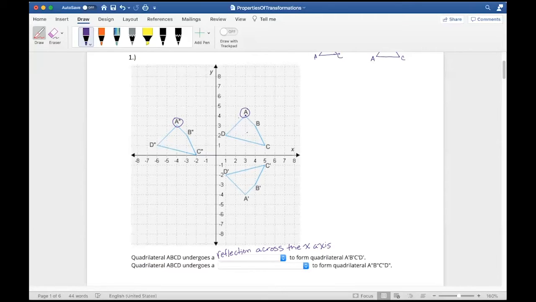So we are moving 1, 2, 3, 4, 5, 6, 7 to the left, and 1 down. So that one was a translation. 7 left and 1 down.